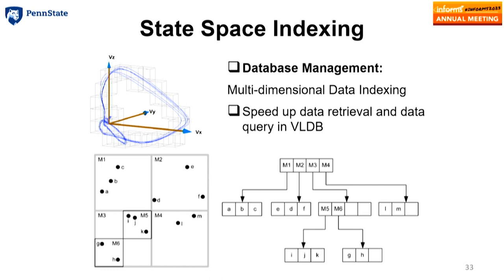Then we borrow an idea from database management, because they use multidimensional data indexing, which helps speed up data retrieval and data query in very large databases. And then we said, why not? We do the state space indexing using the tree, and then we can separate the state space into different areas. Then we can mark them.